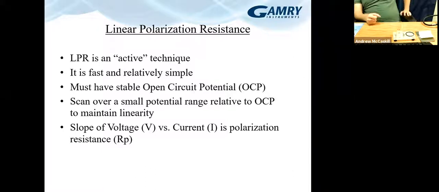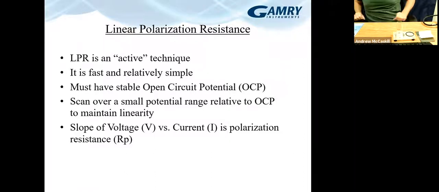And then we're going to scan over a very small potential window, about 10 millivolts, on either side of the open circuit, the anodic and cathodic direction. And the reason that we're just scanning a few millivolts on either side is so that the system and the response remains essentially linear.